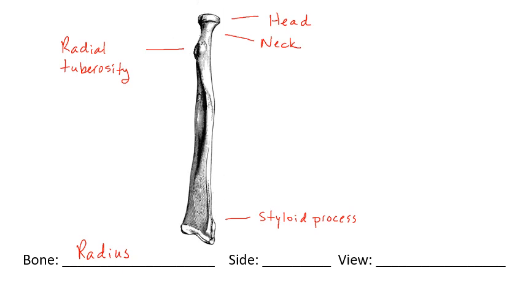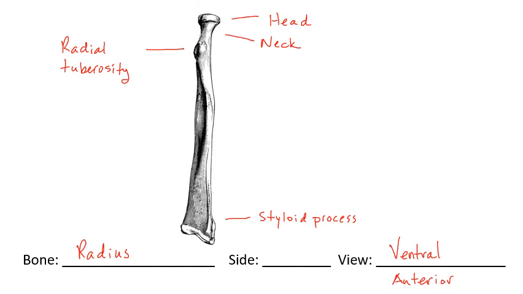And we can't see the ulnar notch because it's on the back. So given that we can't see the ulnar notch, we know that we're looking at the front of this bone, or our view is ventral or anterior. It's up to you, whichever you prefer to use.